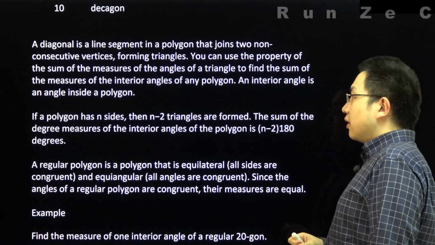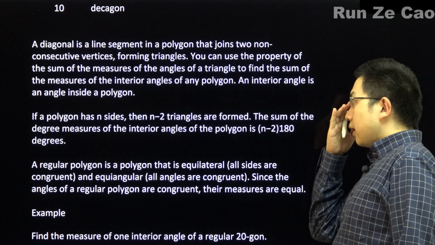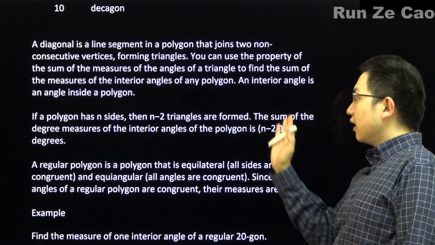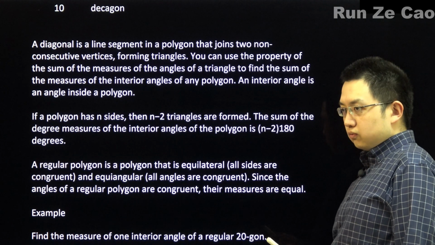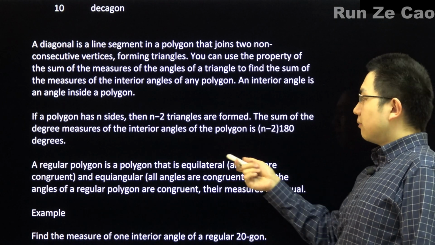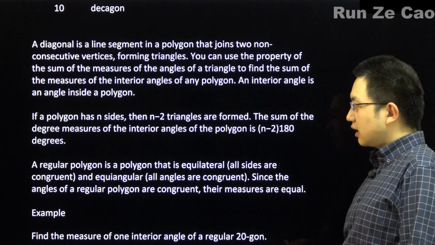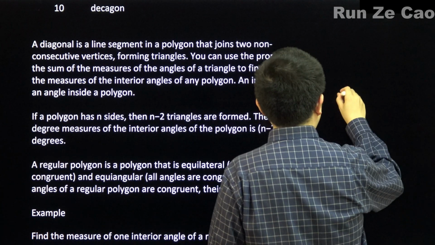So an interior angle is an angle inside a polygon, and the sum of the interior angles is n minus 2, where n is the number of sides, multiplied by 180 degrees. Think of a triangle.